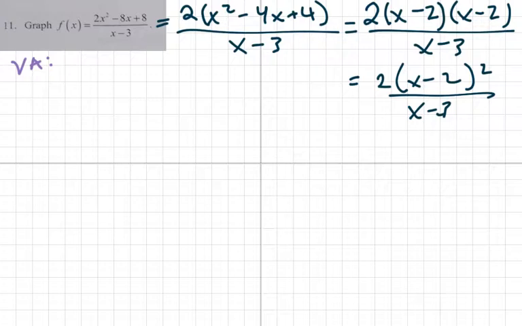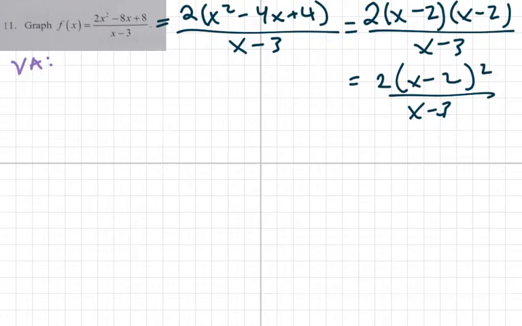That will make this process a lot easier. Also, you want to do that before you check for vertical asymptotes, because remember, if x minus 3 could cancel with any of the numerator's factors, then we wouldn't have an asymptote, we would just have a hole. So you always want to double check that and make sure that if the numerator is a quadratic or can be factored in any way, that you factor it and see if anything cancels.